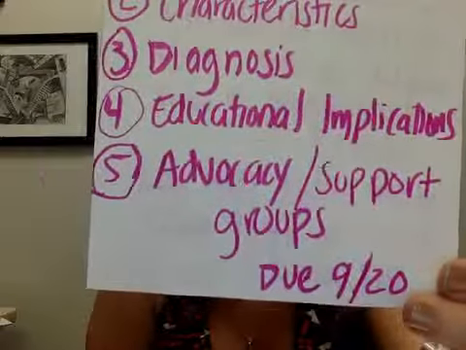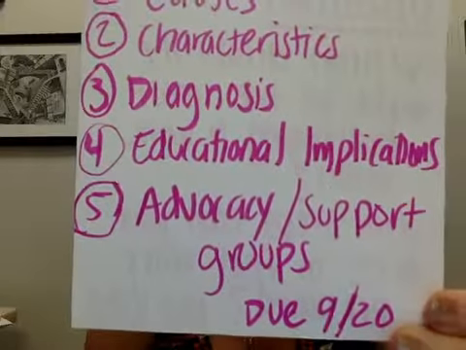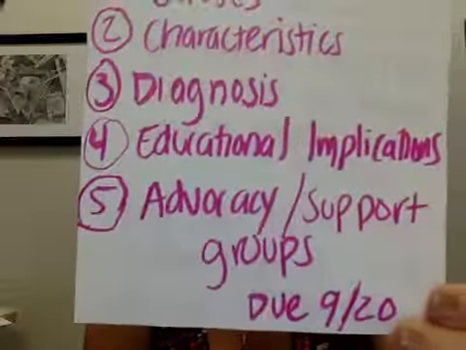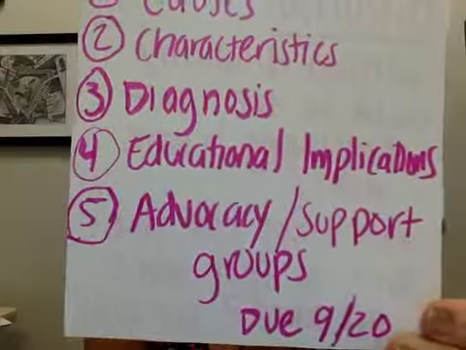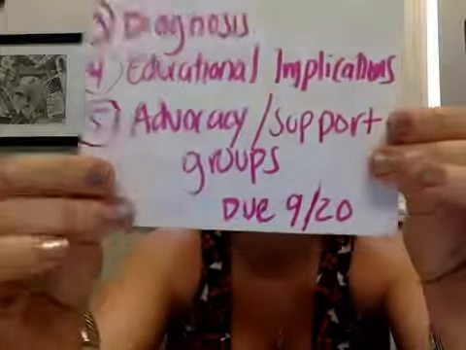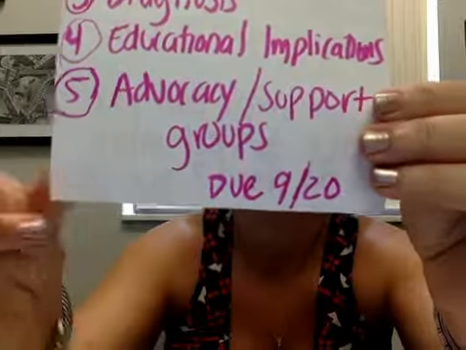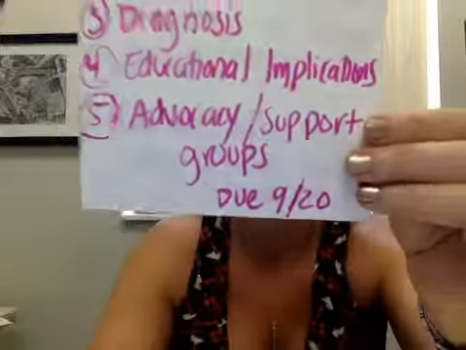And lastly, what are some advocacy or support groups for this disability? Now, all of these disabilities are very widely published about, and you're going to be able to find several outside advocacy or support groups concerning these disabilities. And all of this is due September 20th by 11:59.